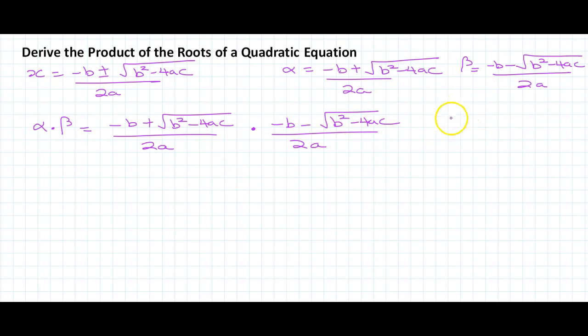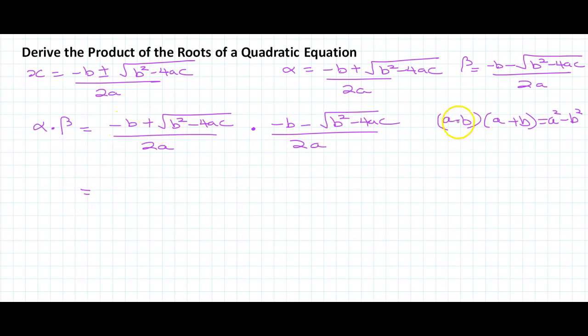Let's have a sidebar here. A minus b multiplied by a plus b is a squared minus b squared. So when you multiply this, we'll multiply the numerators together and then multiply the denominators together.